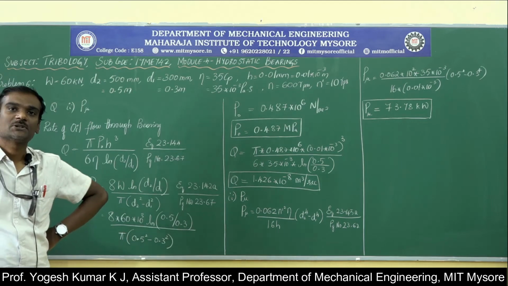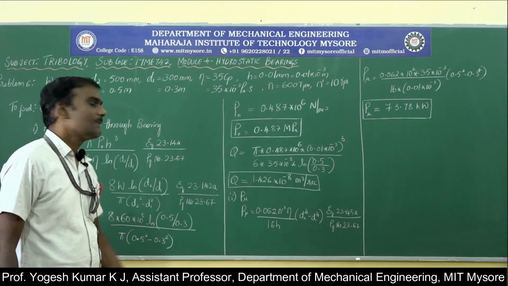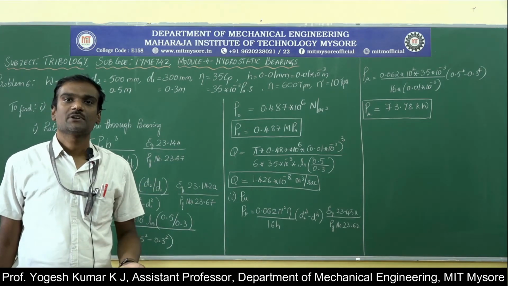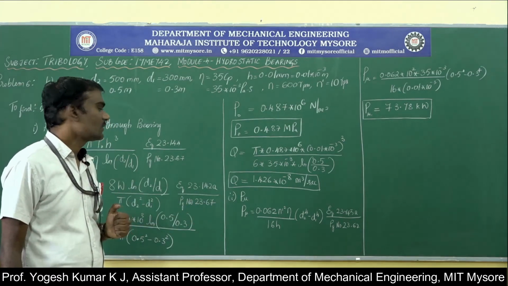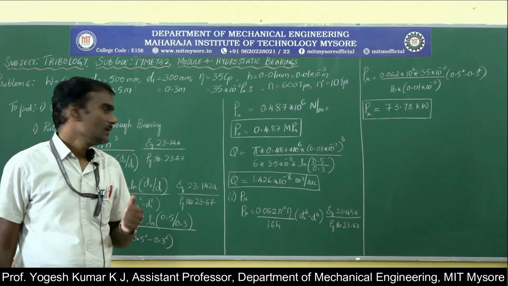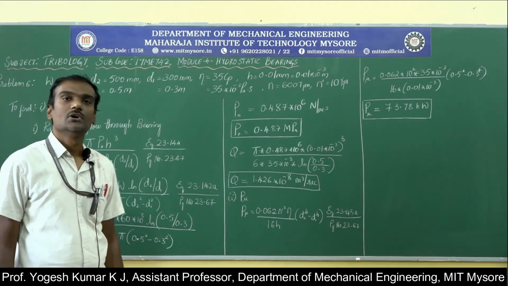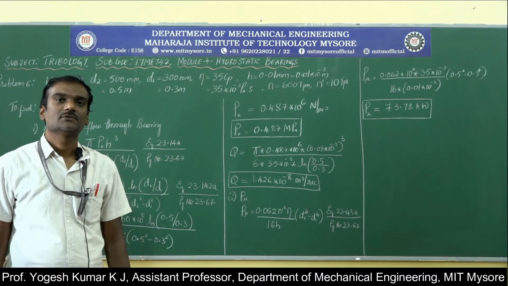We found out the supply pressure first, then substituted it into our oil flow rate expression available in the data handbook. We got the oil flow rate as 1.426 into 10 power minus 8 meter cube per second, and then we got the power loss due to viscous friction. So this is the problem that was asked to solve.